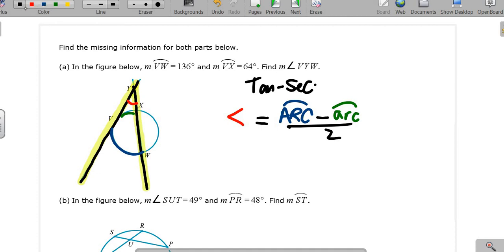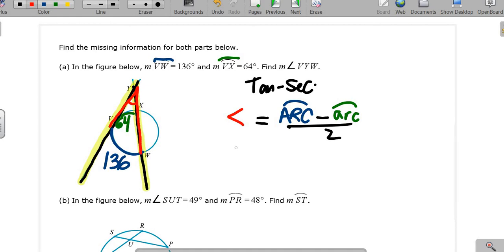So take a look. Now we get our information. We're told that VW is 136. Lo and behold, that is our big arc. The arc VX is 64. That's our little arc. We're being asked to find VYW, which is our angle.